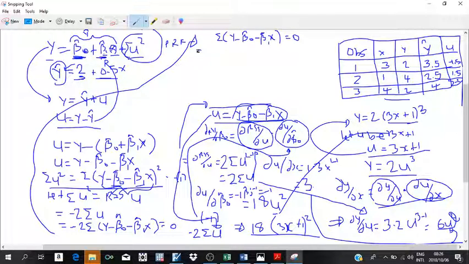So we have summation of y minus summation of beta, negative beta naught is negative n beta hat naught, minus beta hat 1 summation of x is equal to 0. Now, why is it we're saying n beta naught?